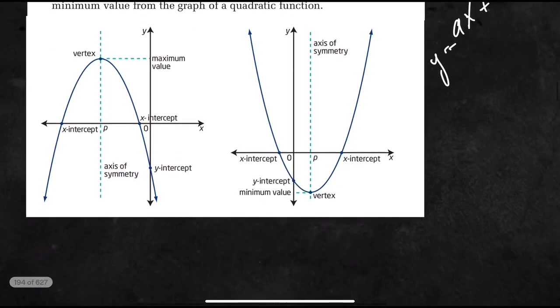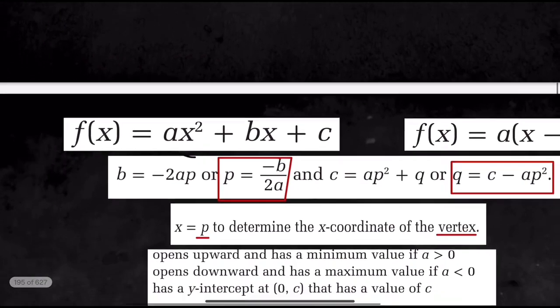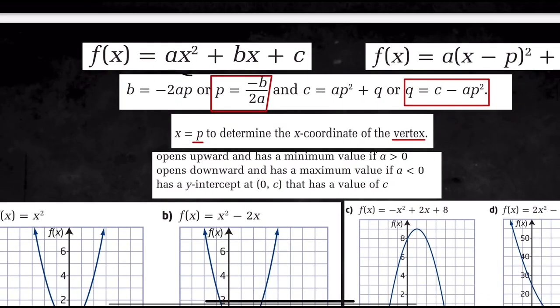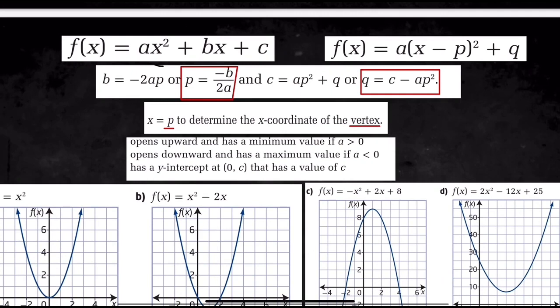So now let's see how we can find the vertex. To find the vertex, you need to know these equations. This is the standard form and this is the vertex form. If you want to go from standard form to vertex form, so you can know where your vertex is, you should calculate your P. Your P is minus B over 2A.